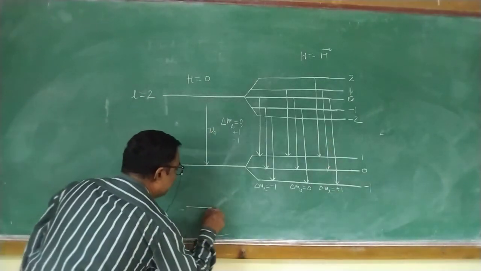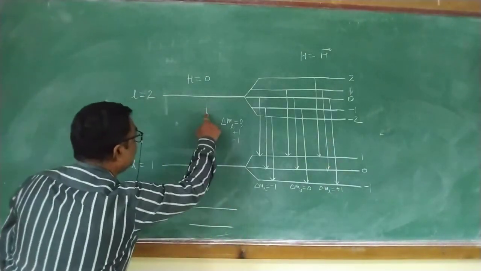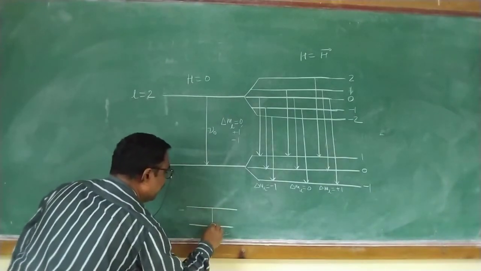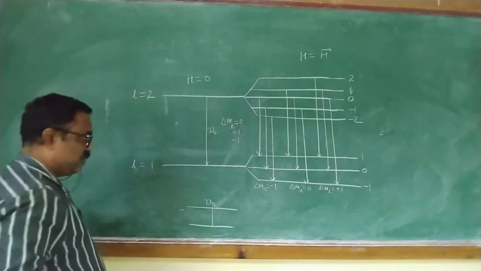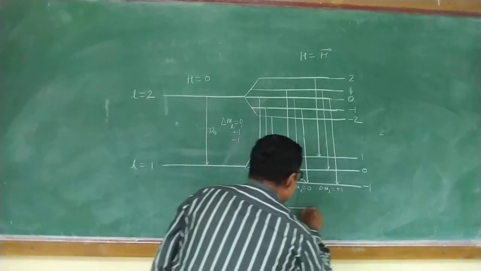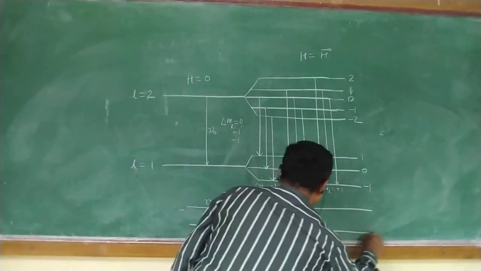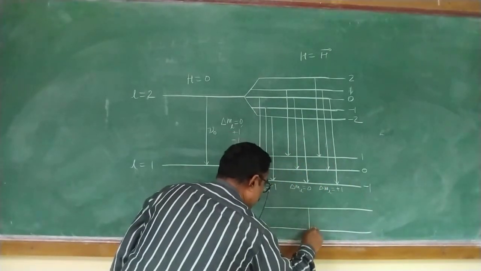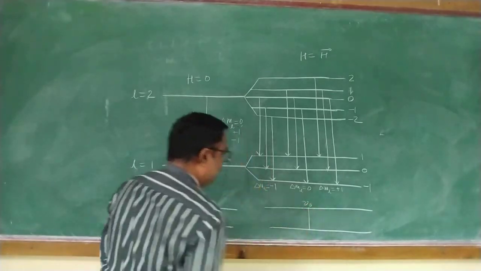If you look at the spectrum over here, या ठिकाणी absence of magnetic field मध्ये आपल्याला एकच line दिसते with frequency nu 0. But here in the presence of magnetic field, delta ml is equal to 0 च्या तिथे nu 0 ला एक line दिसेल.